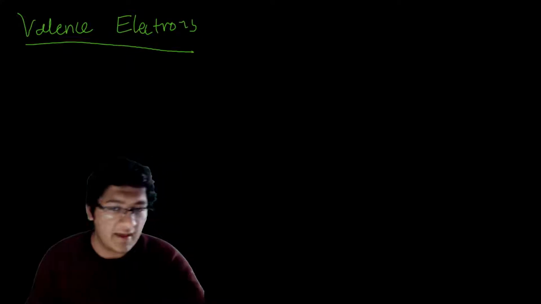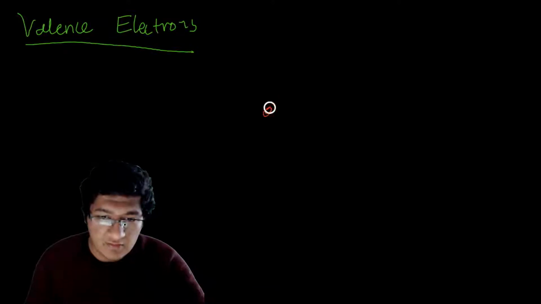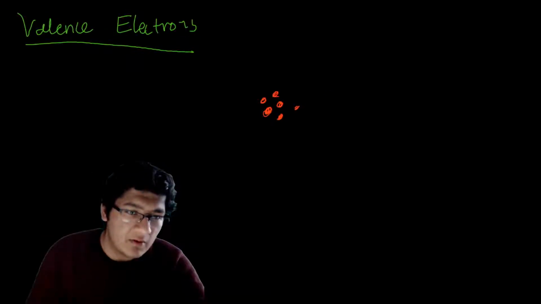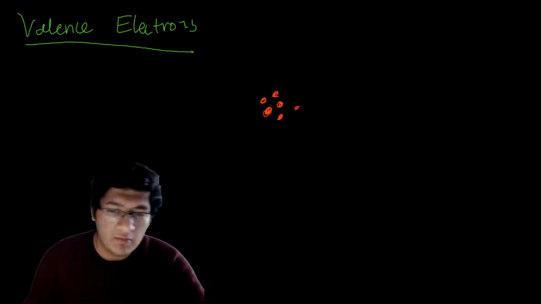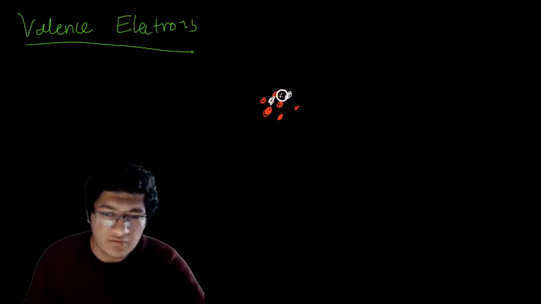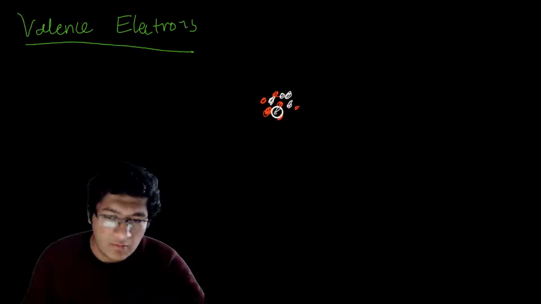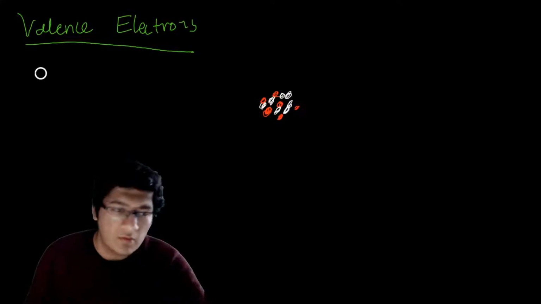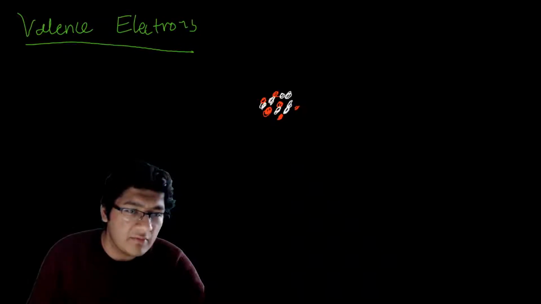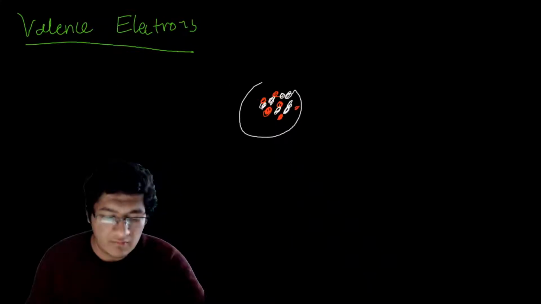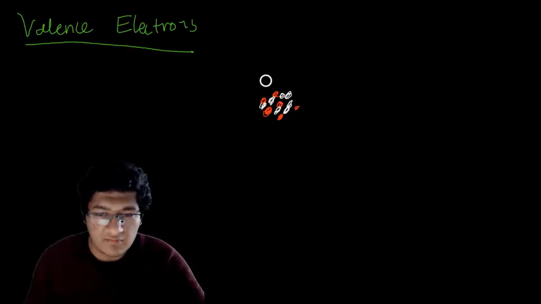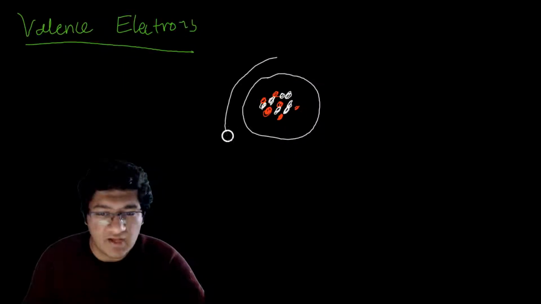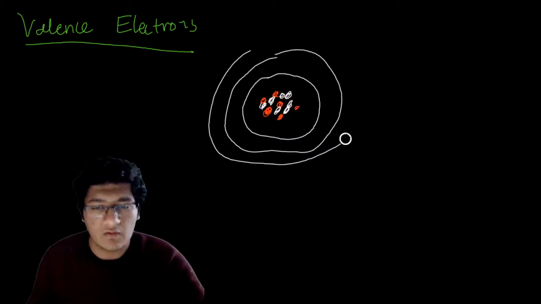So say we have our nucleus, which is mainly positive dominated, with some sparkle of neutral charges. Then, instead of it being clouds, we have shells of electrons.